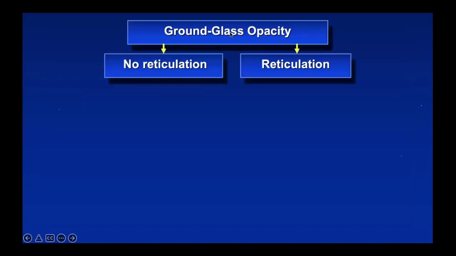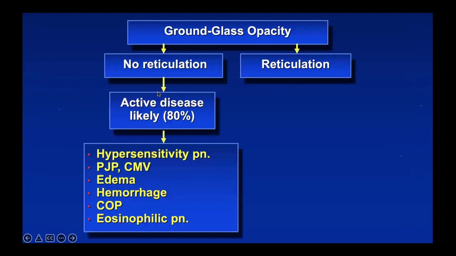So with ground glass opacity, if there's no reticulation, no lines, then it's likely active disease. And there's a long differential diagnosis, but important things in the acute setting with ground glass opacity, I always think about edema and pneumonia, such as viral pneumonia or pneumocystis pneumonia. Those are the two most likely things, edema and viral or atypical pneumonia.